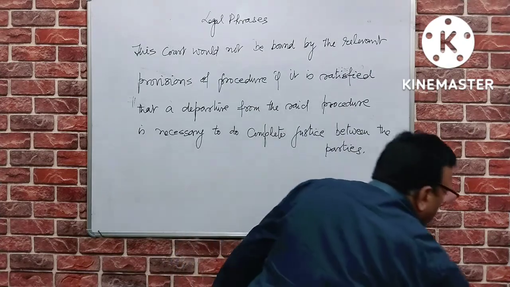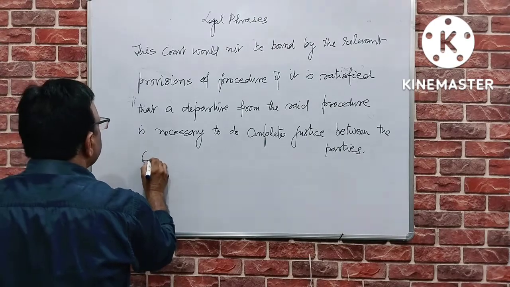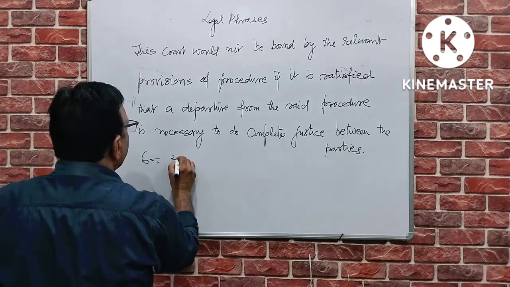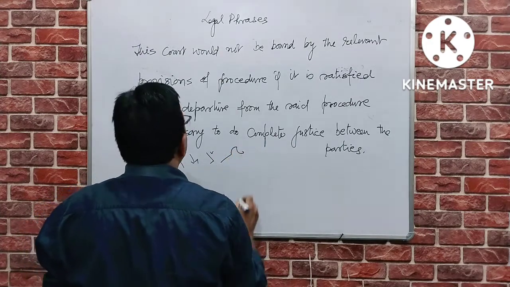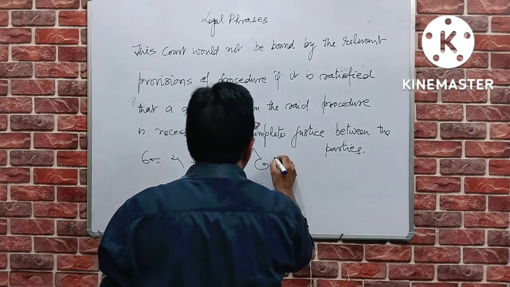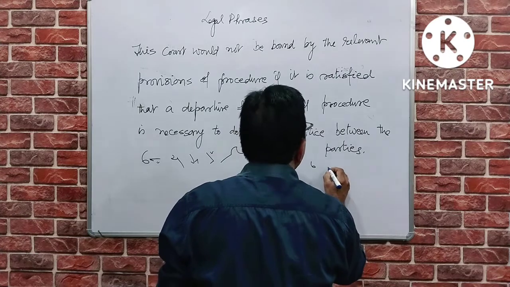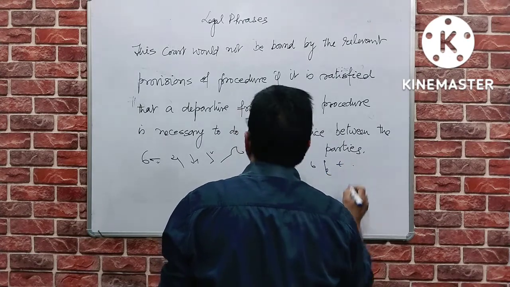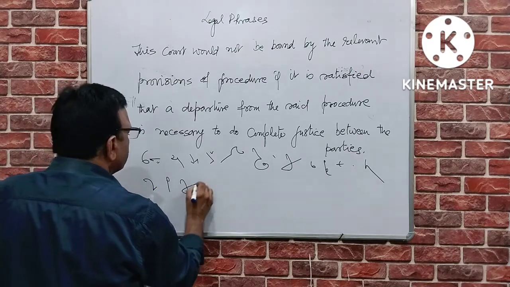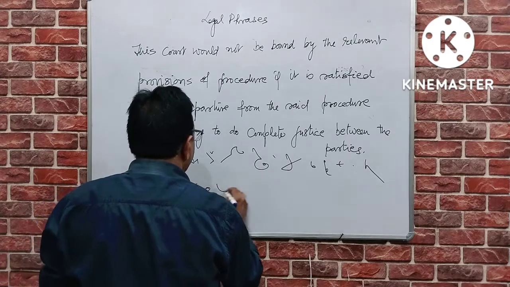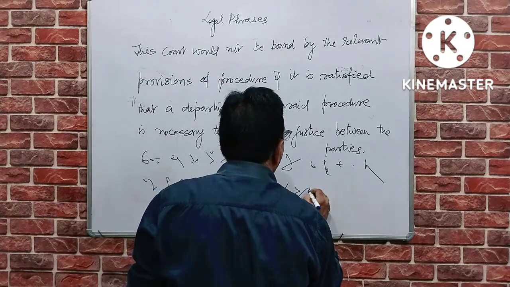देखिए दोस्तों, I would like to say this is a very simple matter. You can adopt that this court would not be bound by the relevant provisions of procedure if it is satisfied that a departure from the said procedure is necessary to do complete justice between the parties.